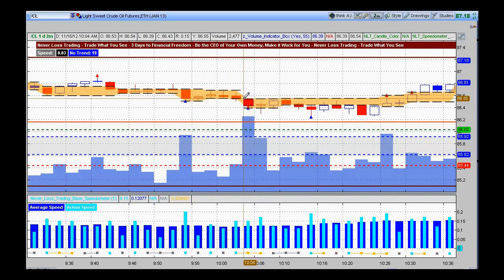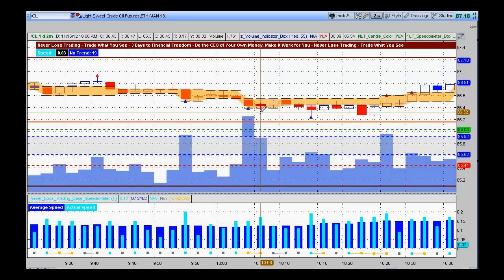Had we traded that to the downside, at that point in time our average price move was about 11 cents. That's $110. So if we entered at 86.52, we would need to get out at 86.41. Yep, that reached it easily, so we could have made our money.